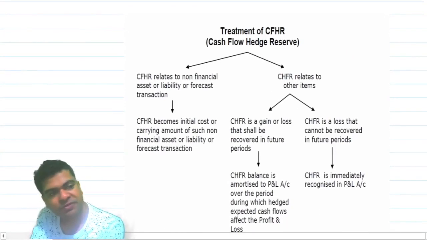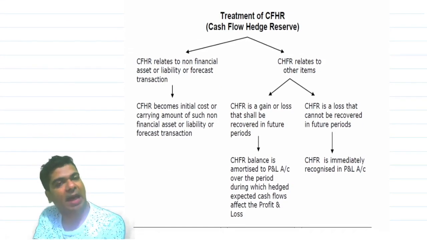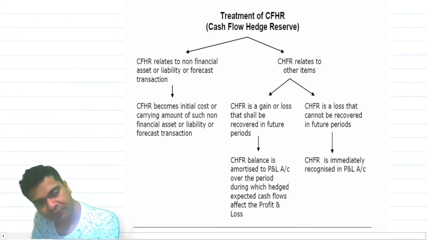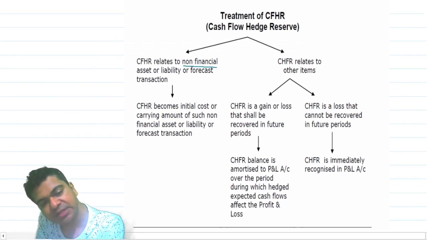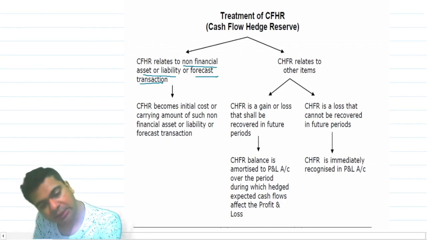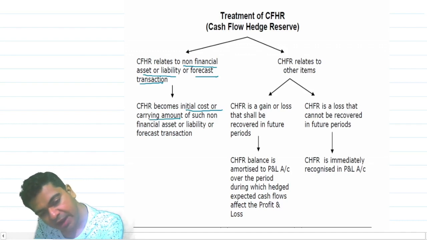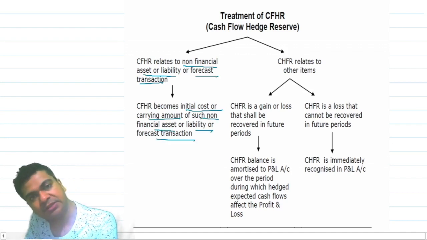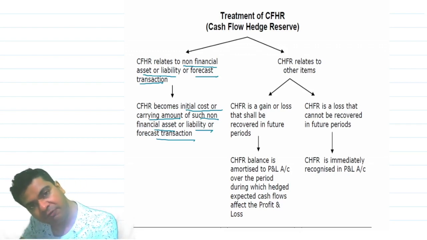So over a period of time, a balance will be built in the cash flow hedge reserve. What to do with this balance in the cash flow hedge reserve? Okay. If the cash flow hedge reserve relates to a non-financial asset or liability or a forecast transaction, then the cash flow hedge reserve will become the initial cost or the carrying amount of such non-financial asset or liability of the forecast transaction. Your forecast transaction is to buy inventory on a future date.